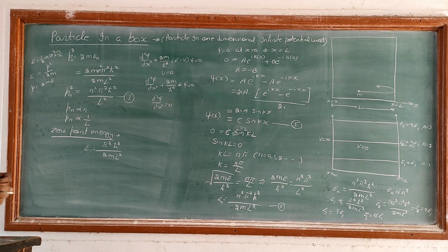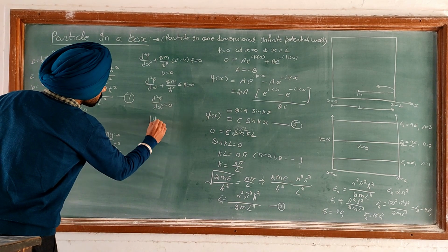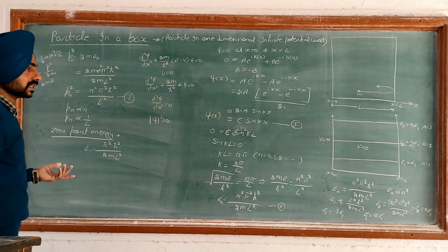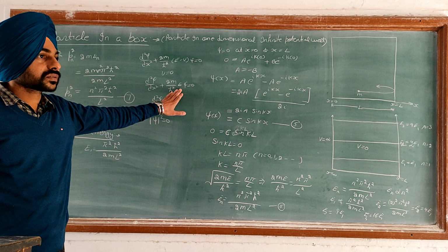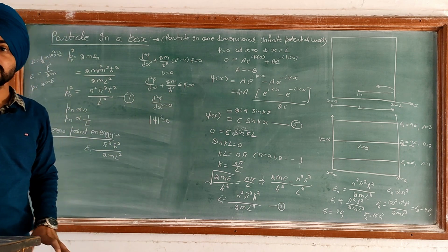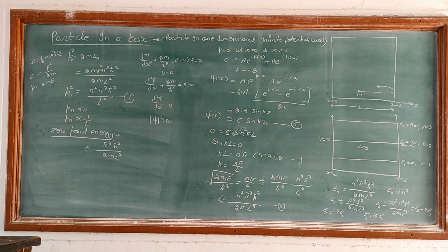That means psi square is 0 if psi is 0. And if there is no particle in the box, then what is the thing about which we are talking? So this is not a possible case. So n equal to 0 is not allowed in the particle in a box problem.